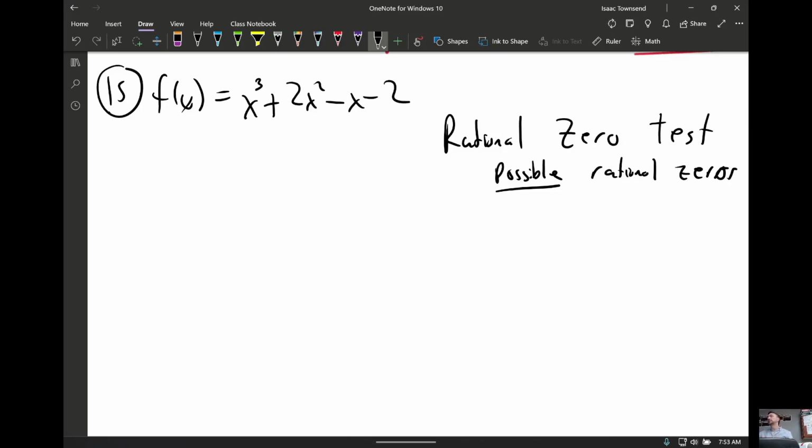So rational numbers are anything that can be written as a fraction, but that doesn't include imaginary numbers.